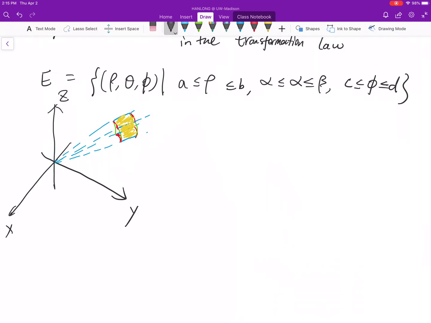Then this angle is, so let's do projection first. Project down. So you have the red one here, project down.